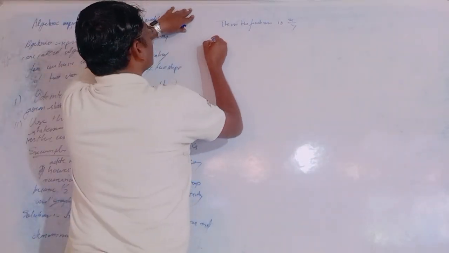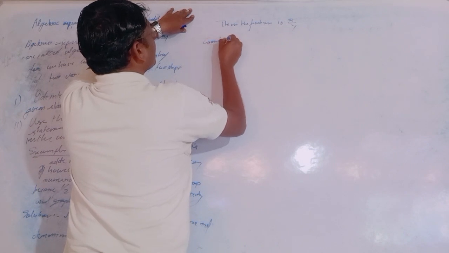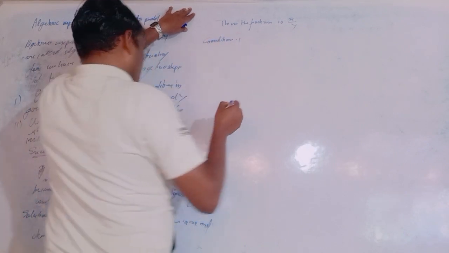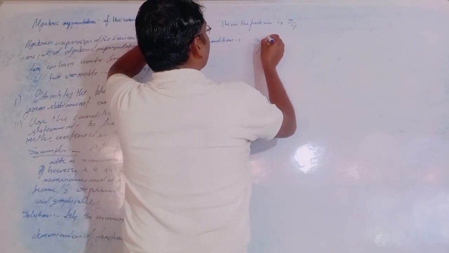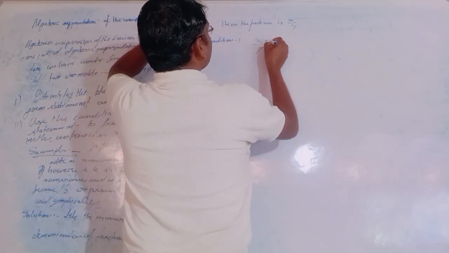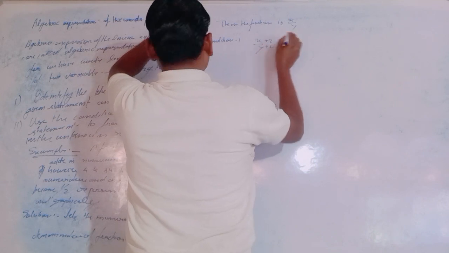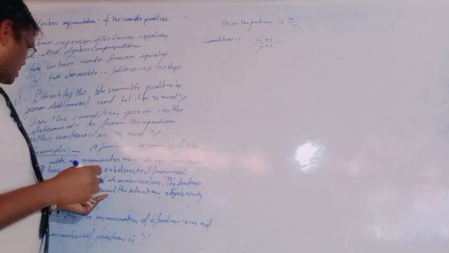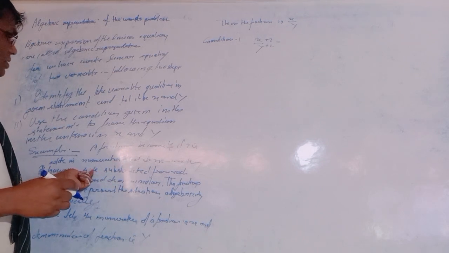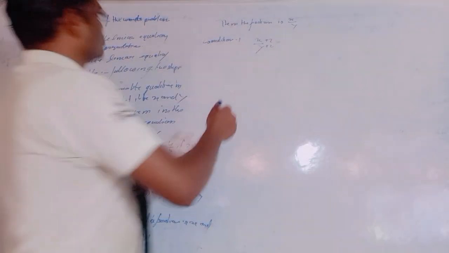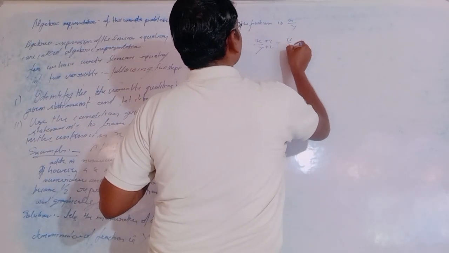Condition first: (x plus 2) by (y plus 2) is equal to 4 by 5, as given in the condition. So if we add 2, we will get 4 by 5.